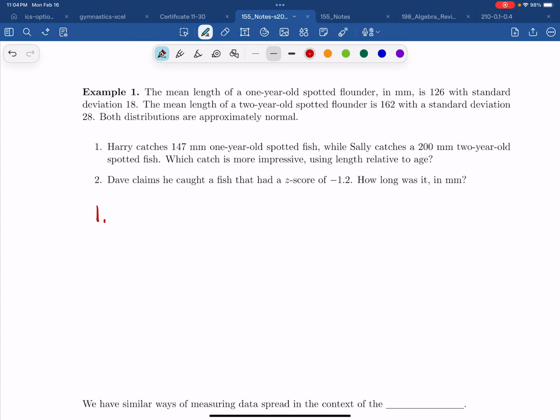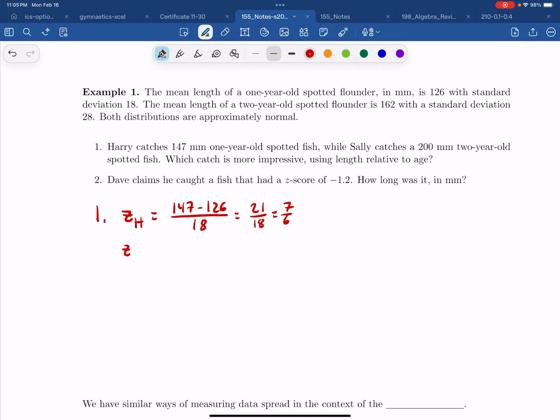So the z-score for Harry is going to equal, what did he catch? 147 millimeters minus 126, since it's a 1-year-old, divided by 18. This is going to be 21 over 18, which is 7/6, and we can just put that in a calculator, 1 and 1/6.